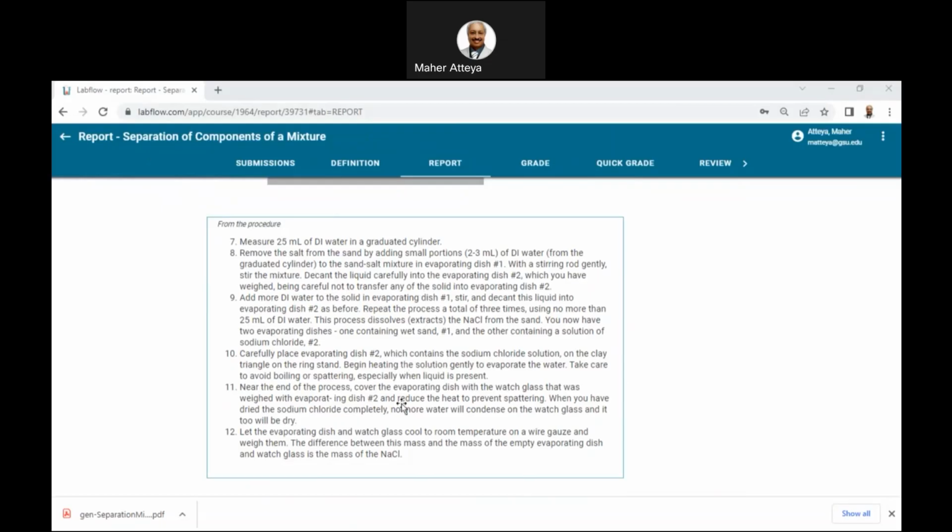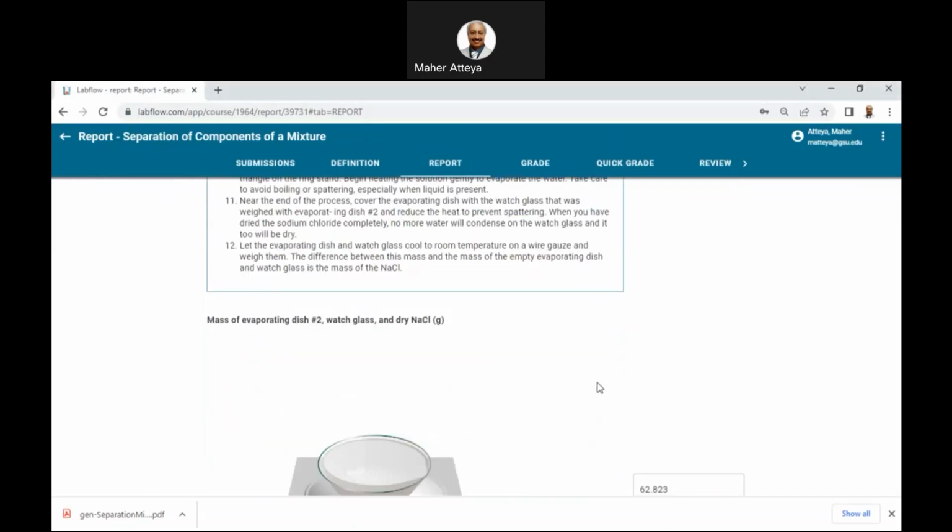So let's measure this. Carefully balance, and let the evaporating dish cool down. This one here asks for the mass of evaporating dish, watch glass and dry sodium chloride.